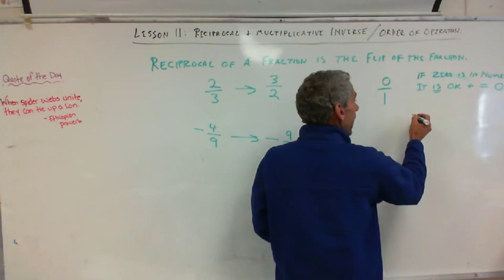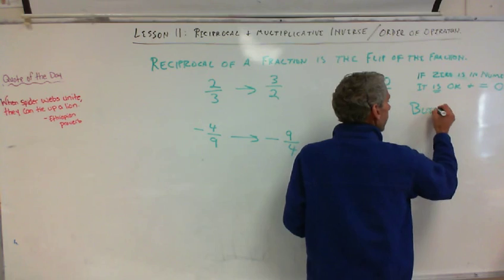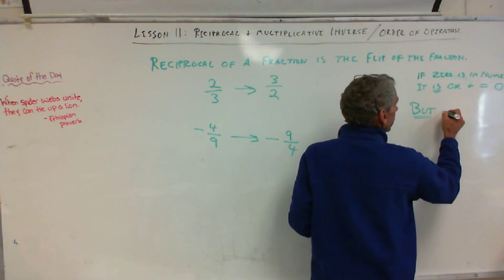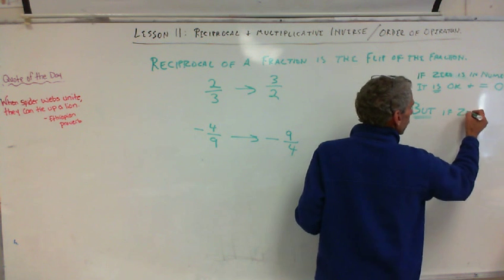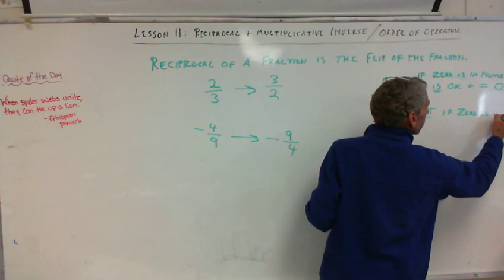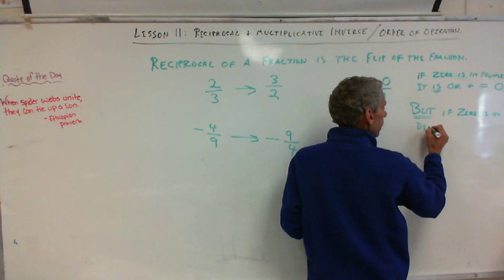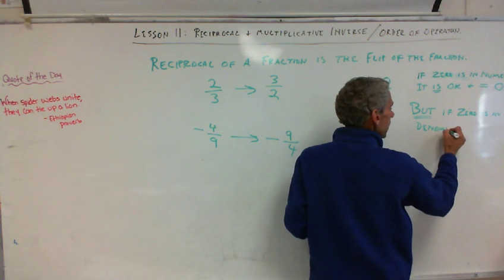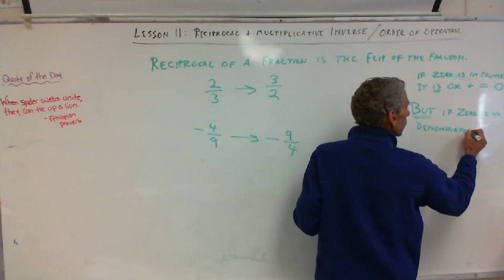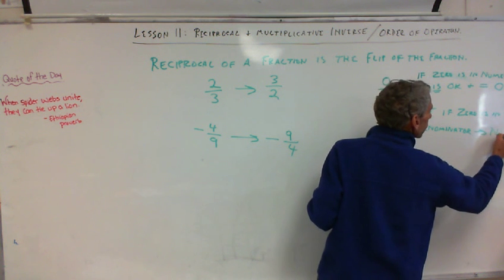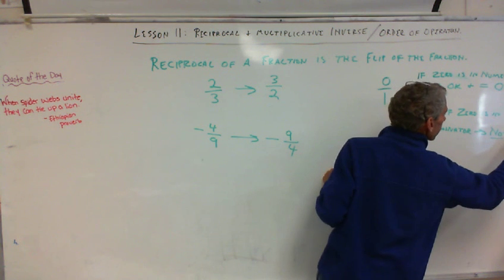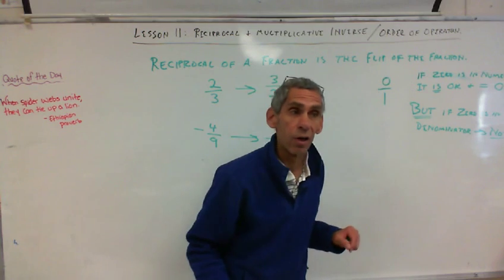But if it's something over 0, so if 0 is in the denominator, it's not okay. It doesn't even equal 0.